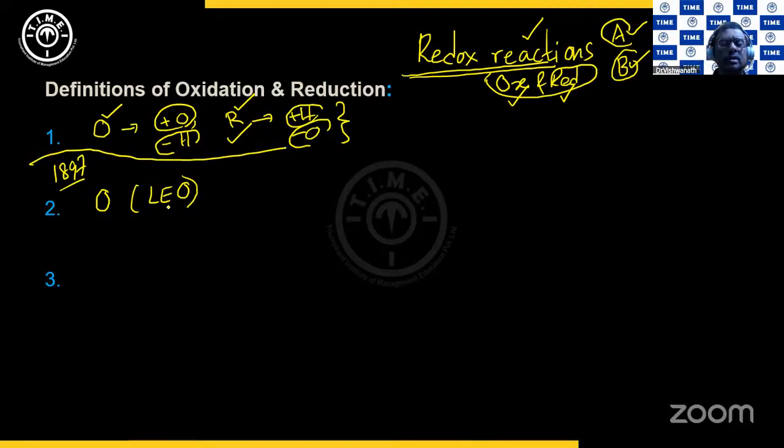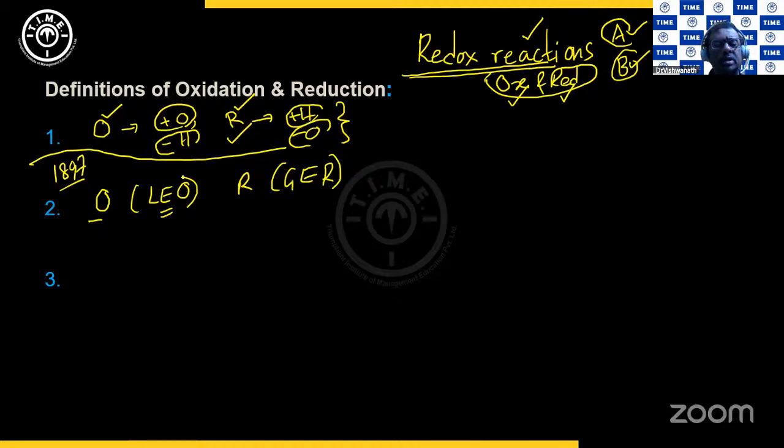In fact, electrons are the ones that actually take part in the reactions. So loss of electrons is oxidation, and gain of electrons is reduction. This is a newer definition.